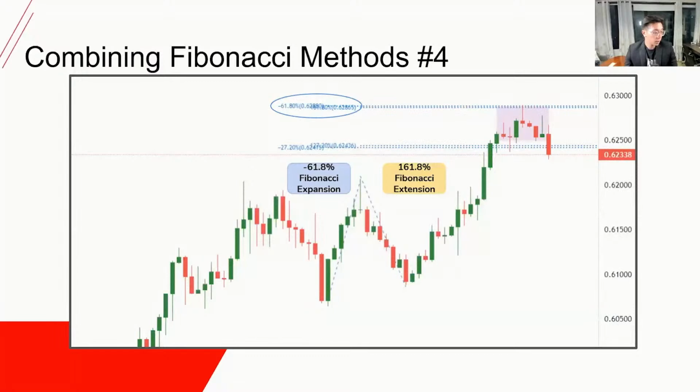All right, so we can see right here your negative 61.8% FIB expansion and 161.8% FIB extension. Okay, so negative here, and then the 161.8% FIB extension, because you can see price actually broke past the negative 27.2 and then followed by the 127.2%.